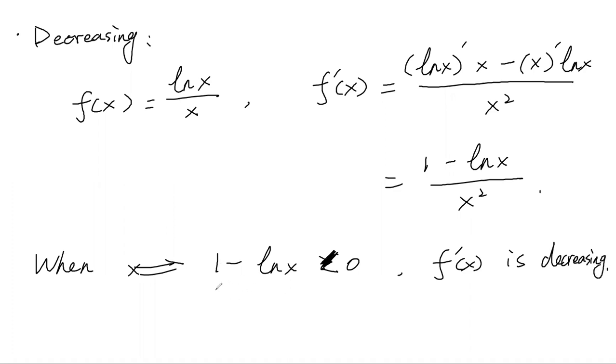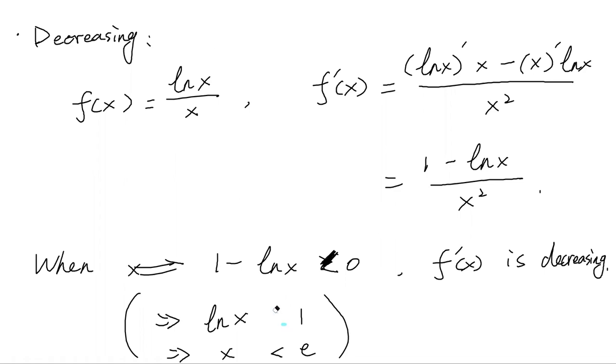And then you will need to solve this inequality with respect to x. So from here you get natural log of x is less than 1, and x is less than e. One sec.